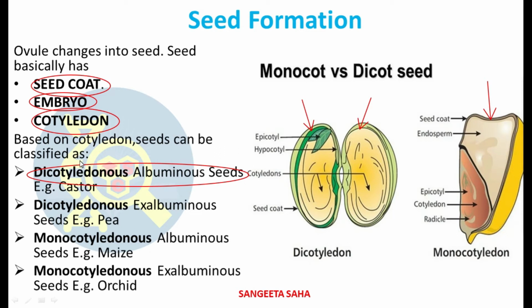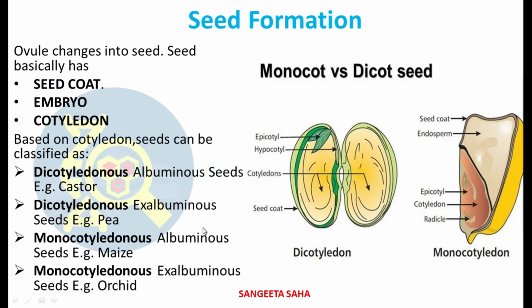Now, if complete endosperm is used up, then it is known as dicotyledonous exalbuminous seeds. And the example of dicotyledonous endospermic seed is castor.